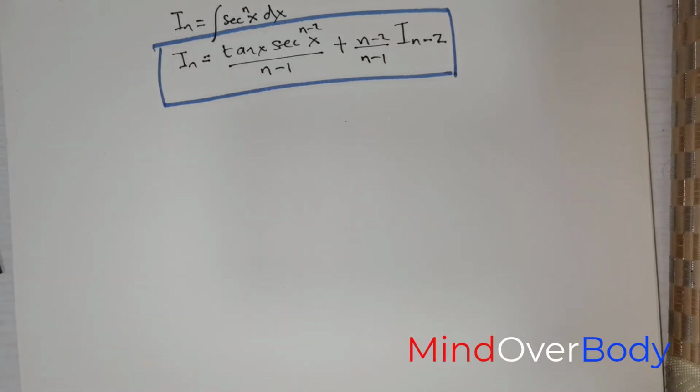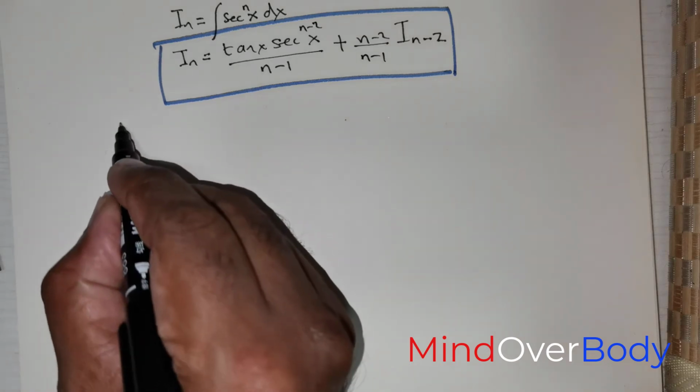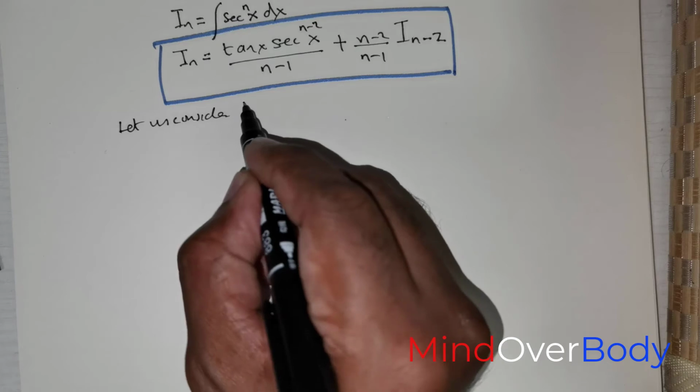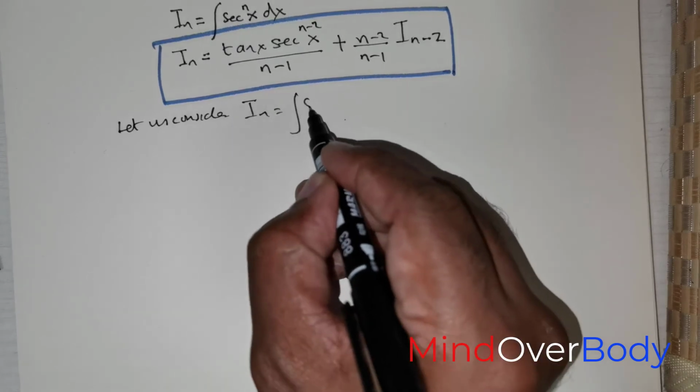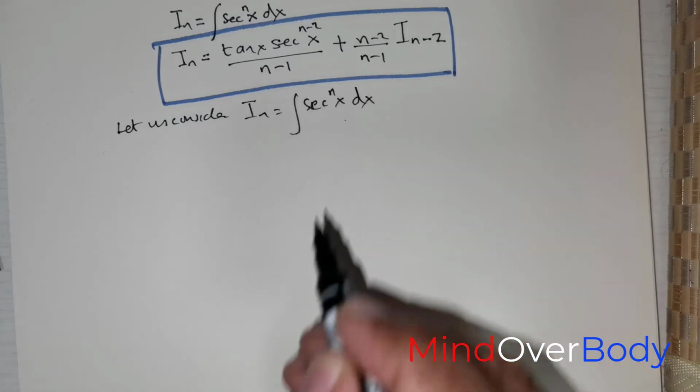So students, we are going to achieve this proof a little bit differently. What we will do is, let us consider I_n to be equal to the integral of secant^n x dx.